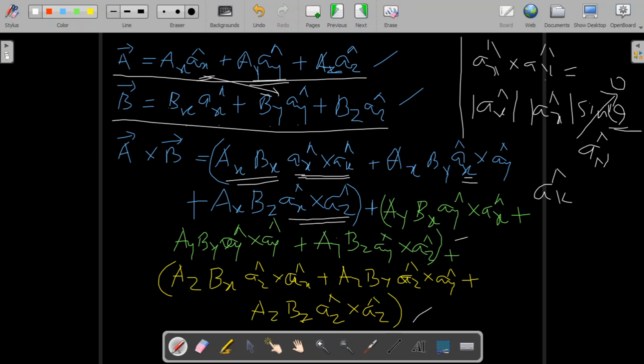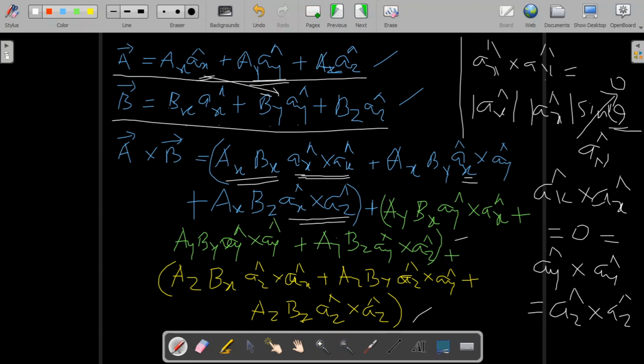So what does it tell you? Ax cap cross ax cap will be 0, and this will be true for ay cap cross ay cap and az cap cross az cap as well. Is that very clear? This is just from the definition of cross product itself.